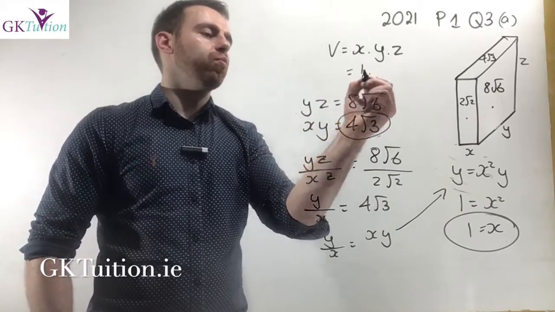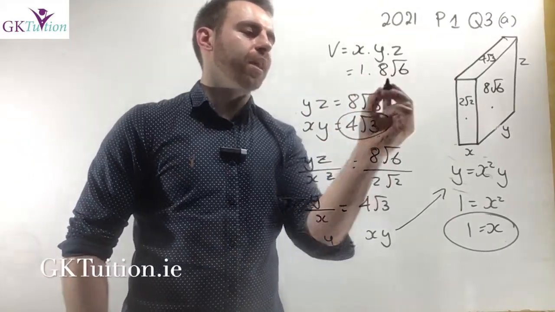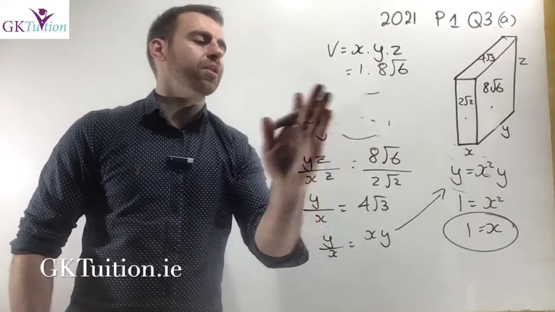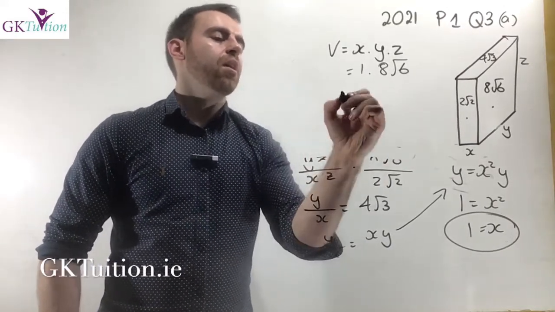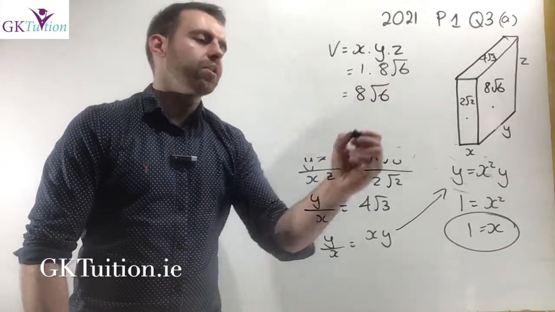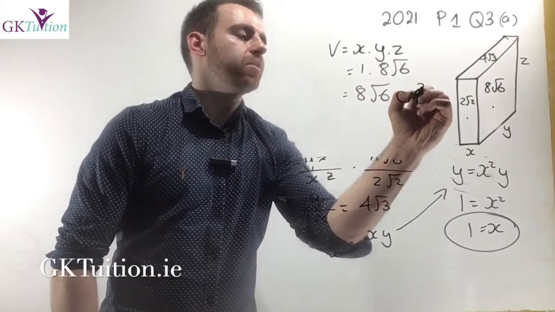So the volume is just 1 by 8 root 6, and multiplying by 1 it just stays the same. So my final answer is 8 root 6 centimeters cubed.